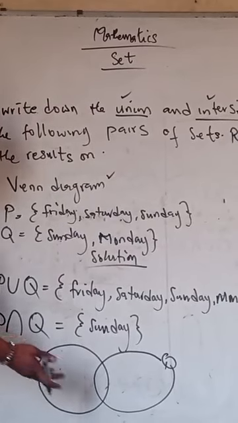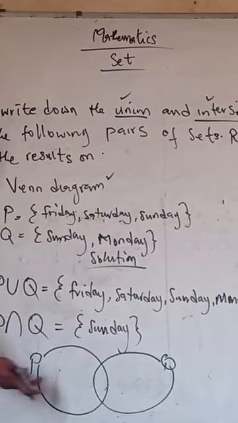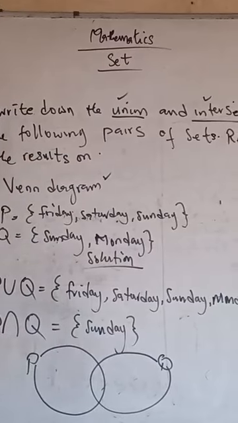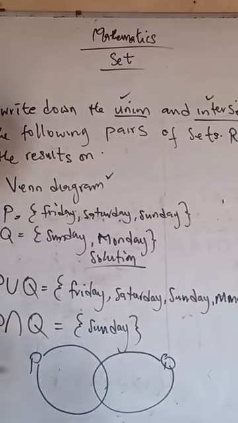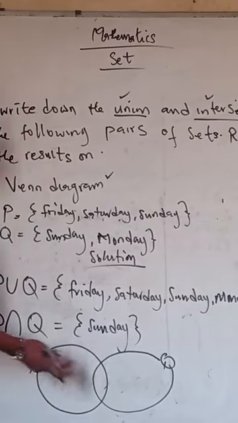Whenever you have a Venn diagram like this, and you have a space in between, that space is for intersection. Now, we have Sunday.